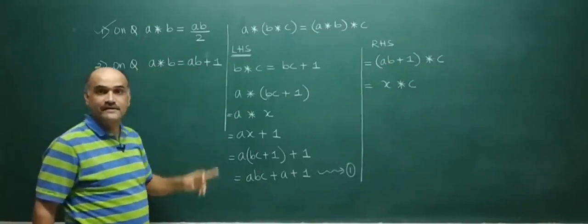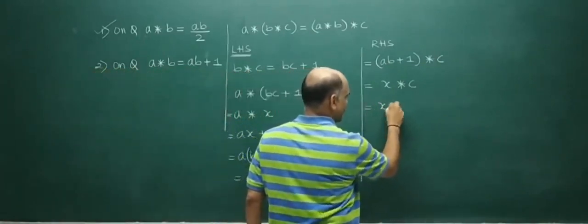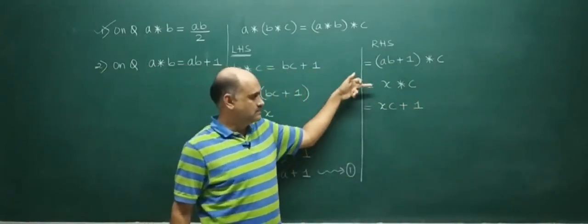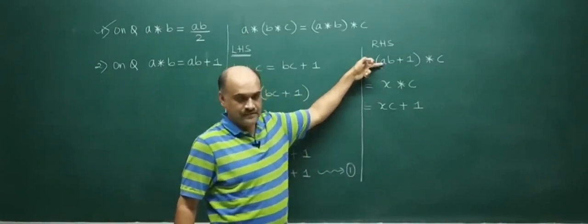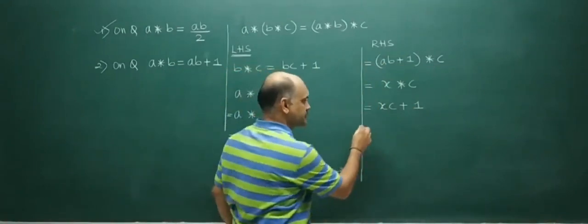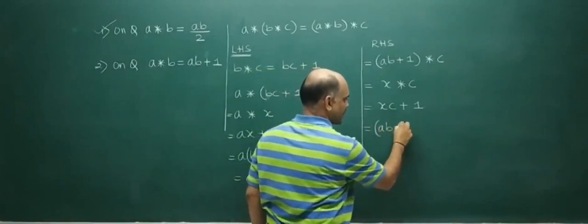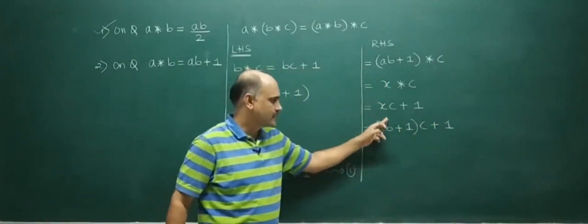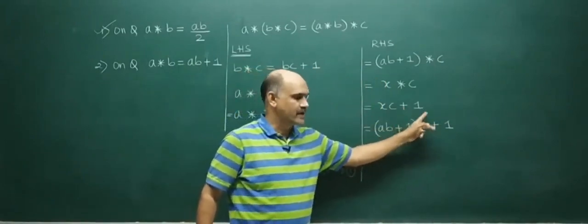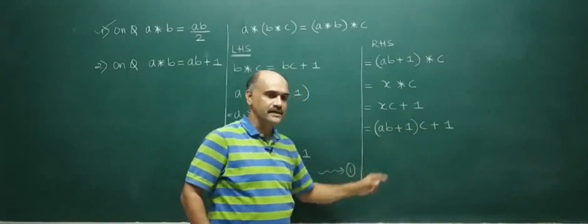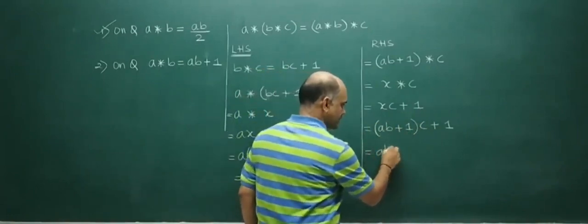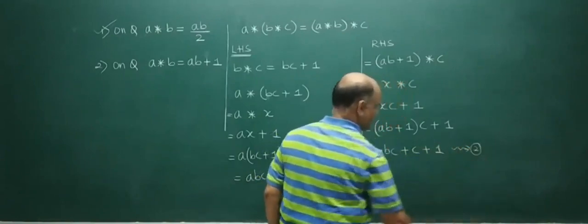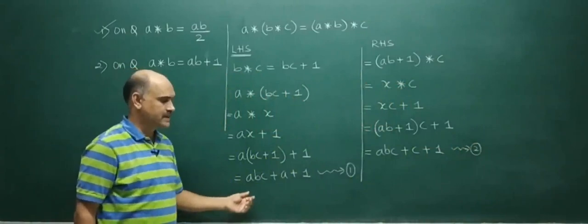X star C will be XC plus 1. Now substitute the value of X: (AB plus 1) into C plus 1. Now multiply C inside. So you will have ABC plus C plus 1. This is the second.